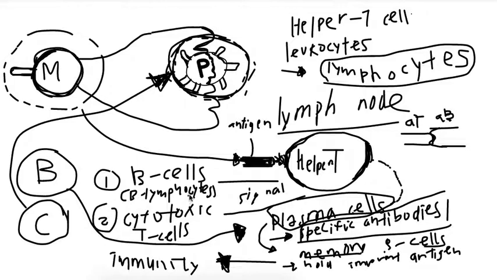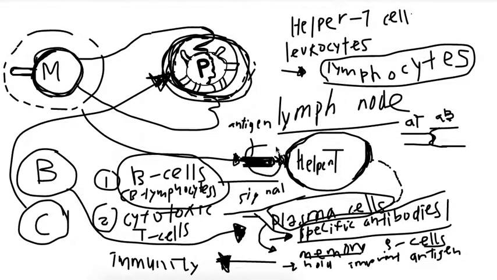The B cells are also known as B lymphocytes. After this signal is sent, these B cells can become activated and they will form plasma cells and memory B cells. Plasma cells produce specific antibodies to target this antigen, for which a blueprint has been created by the helper T cells.